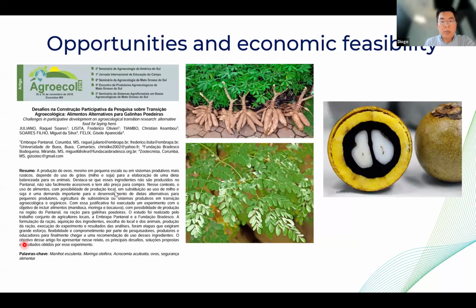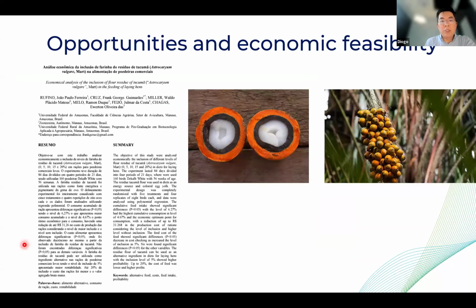If we look with a little more attention, we can find that in some regions, researchers are looking for local alternative ingredients, coconuts, for example. Which part of the coconut is usable for the feed diets?